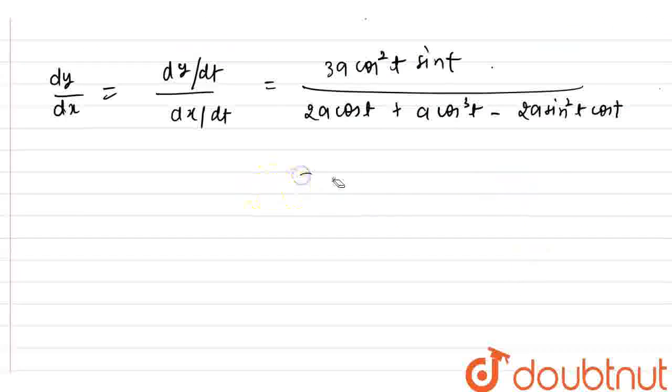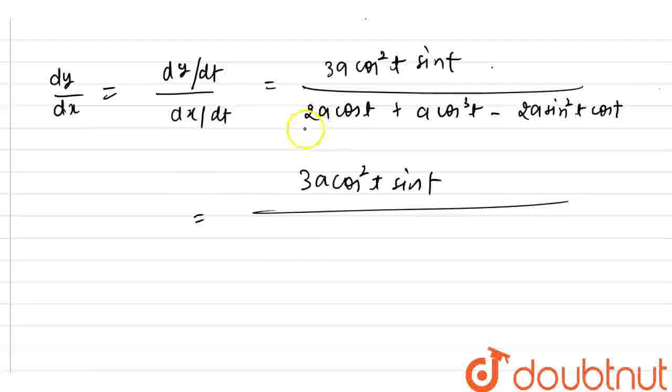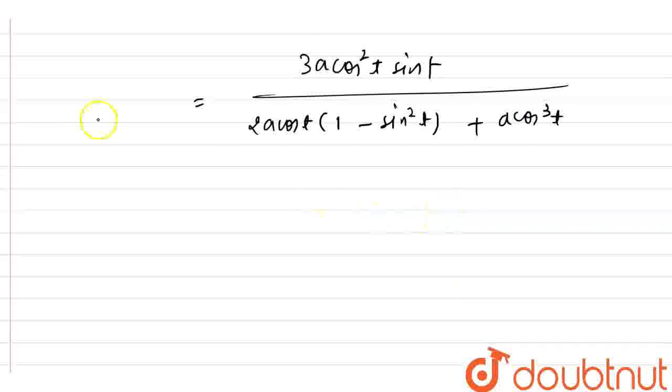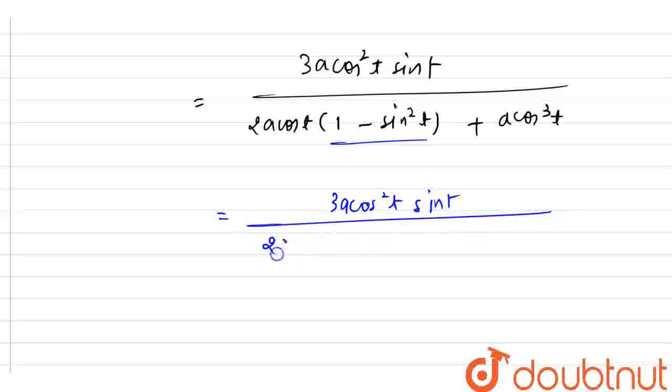I'm solving this, first the denominator. It will be 3a cos² t sin t as it is over, taking 2a cos t common, 2a cos t (1 - sin² t) + a cos³ t. Now if you see carefully, 1 - sin² t is nothing but cos² t, so it will be 3a cos² t sin t over 2a cos t times cos² t, which becomes cos³ t, plus a cos³ t.